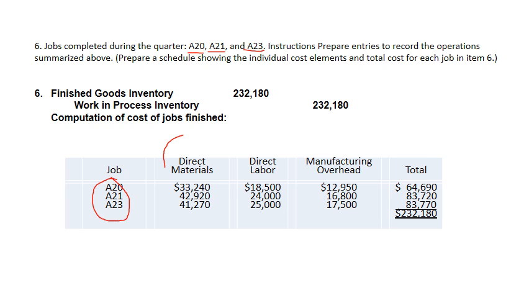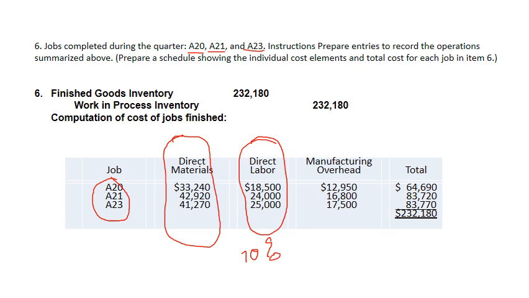So you have to go back to the direct materials requisitions and the factory timesheets, and then you also have to apply that 70% predetermined overhead rate to the direct labor to get the manufacturing overhead. And then you can total those up.